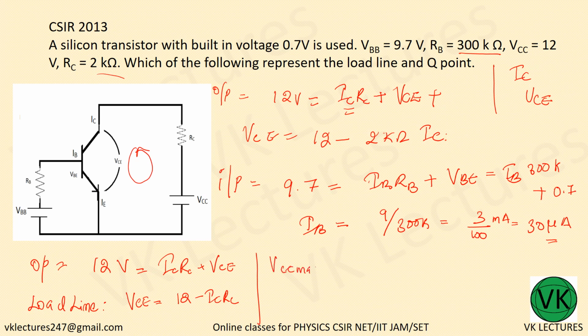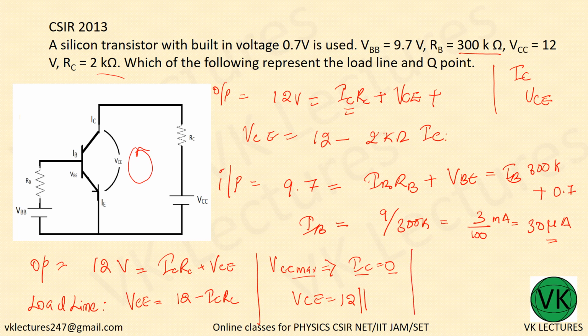VCE maximum is when IC equal to 0. What happens when IC equal to 0? When IC is equal to 0, VCE equal to 12. So VCE 12 is the maximum.